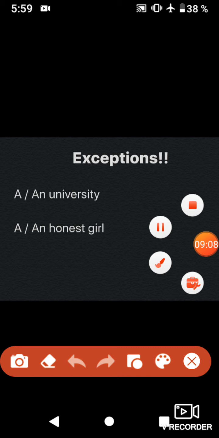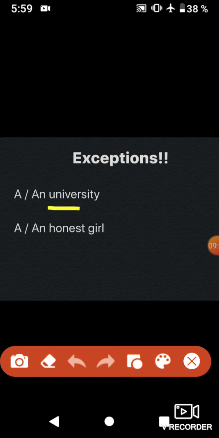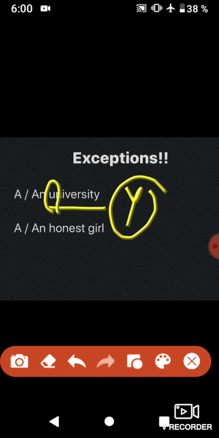In this case, we have the word university. Repeat after me, please. University. What is the first sound? Is it a vowel sound or a consonant sound? If we look at the word, we say that it starts with a vowel, right? But the pronunciation is different, so it is the difference.